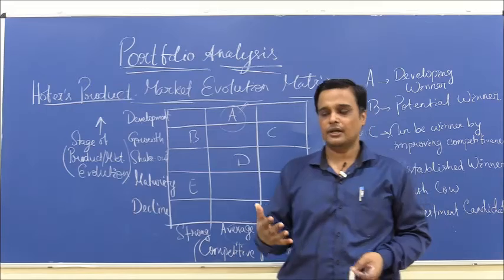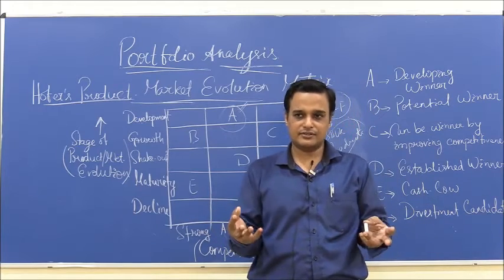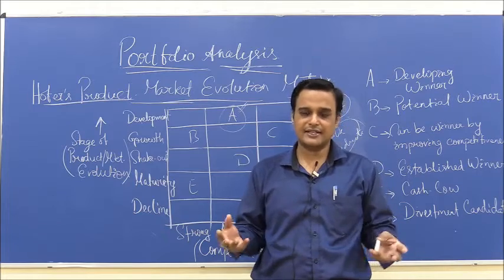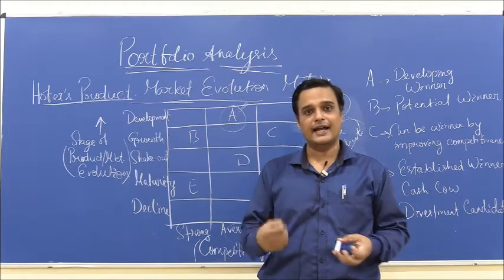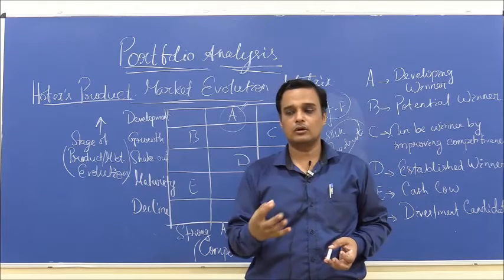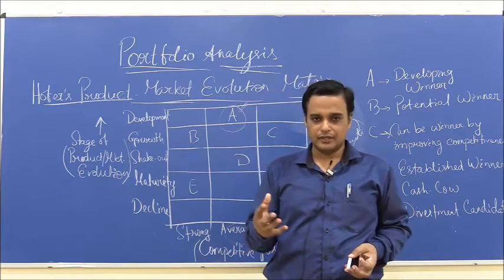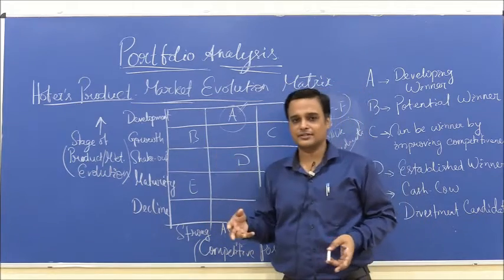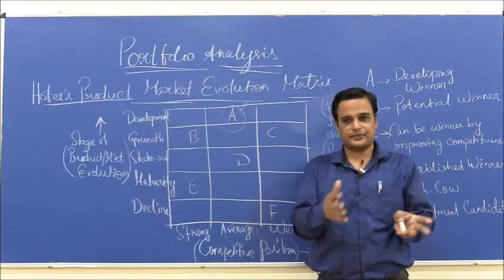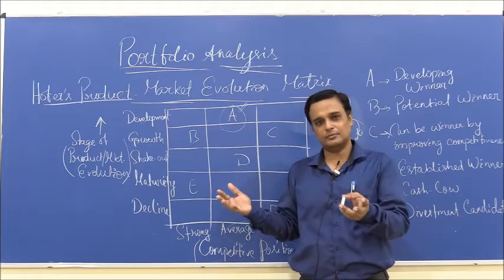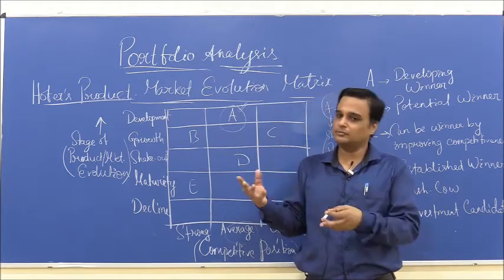The other could be the existing players, they have started biting into each other's shares, already a lot of players are there, already a lot of competitors are there, and they have started taking each other's market share. So, that could also be one probability. In either case, shakeout always determines clear winners and clear losers, may not be losers, but laggards who are left behind.